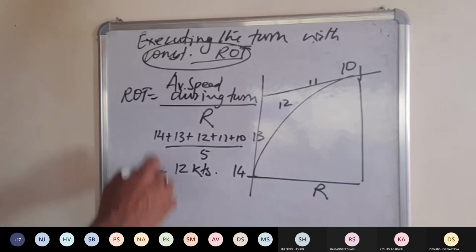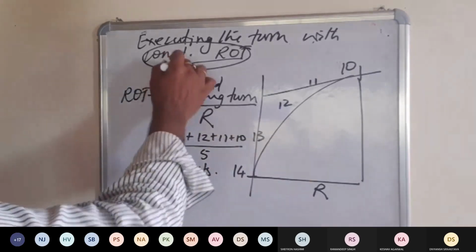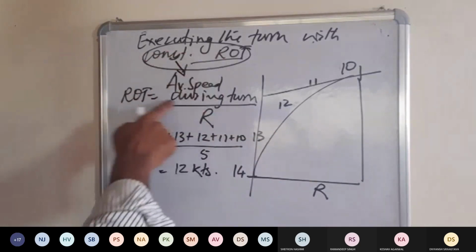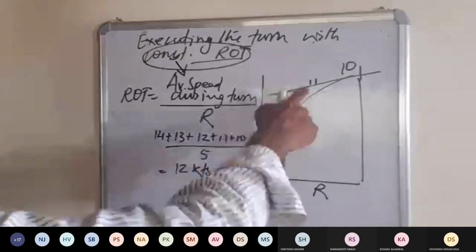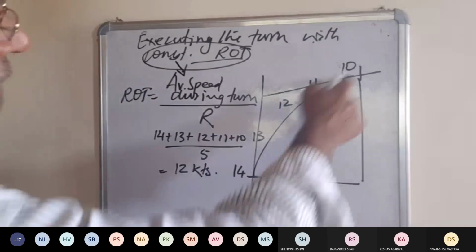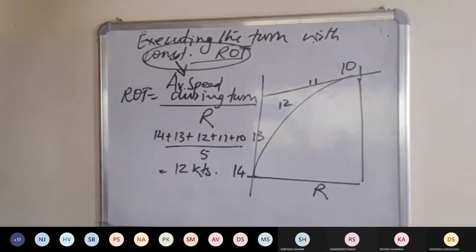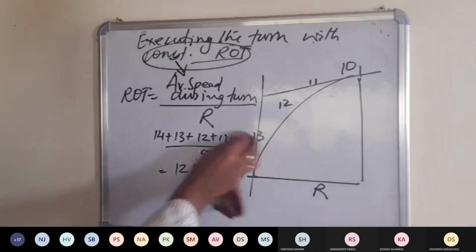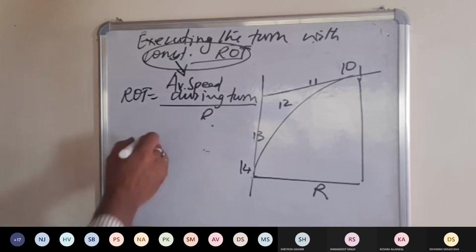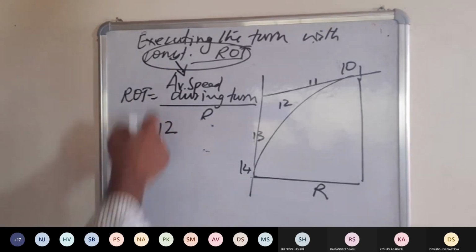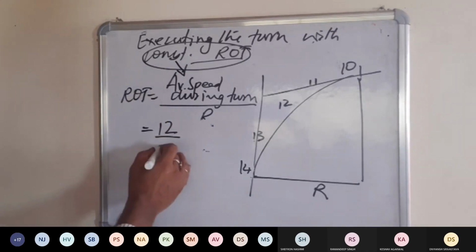So if we want to turn with constant ROT, we have to take not the individual instantaneous speed, but take the average speed of the turn and divide it by the radius. So in this case, it is 12 knots divided by 2 miles, let us say.